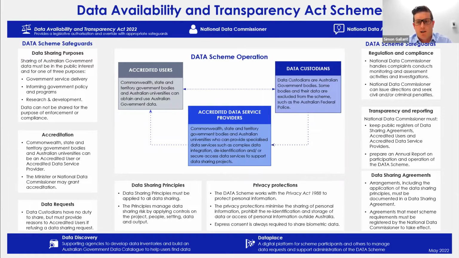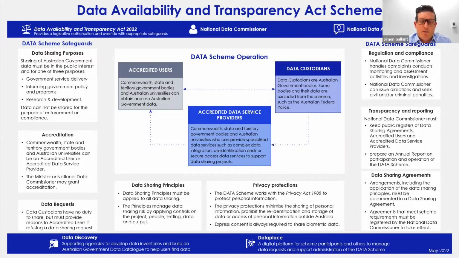The Commissioner has a range of powers to make sure that those safeguards are used effectively and that only the right organisations are part of the scheme. And then the National Data Advisory Council is a group of about 10 government and non-government data sharing and data use experts who provide the Commissioner with advice on how the scheme should be put into operation.